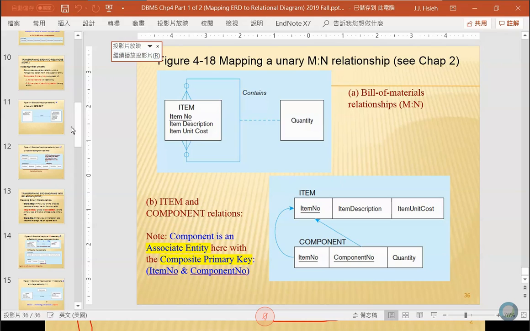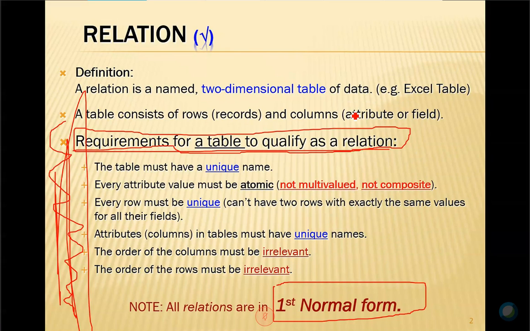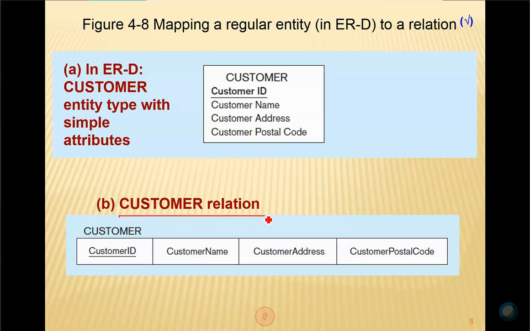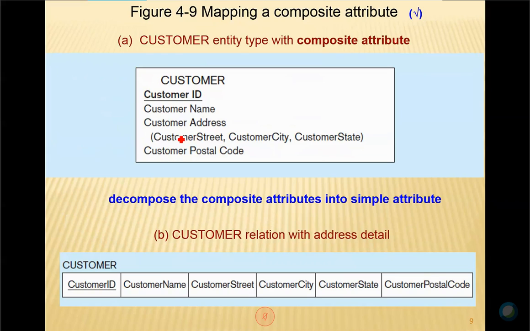I'm going to the next slide. Slide number 8. These convert simple ER diagrams into simple relations. Slide number 9. Here we have a composite attribute, address. You need to break it down into simple attributes right here.